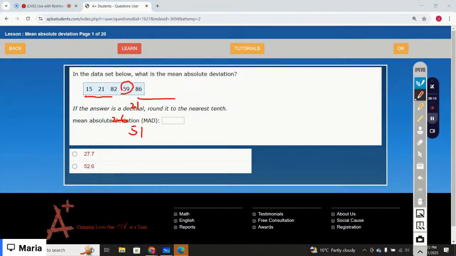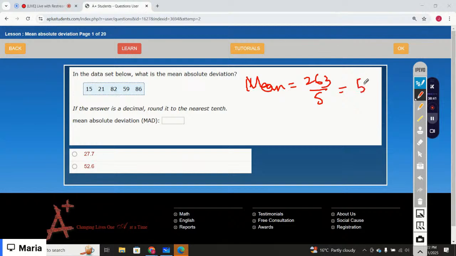For the mean, you have to add them all and divide by 5. So let me just use the calculator and add them. That is 15 plus 21 plus 82 plus 59 plus 86. So the sum of all the values is 263 divided by 5. So the mean is 52.6.